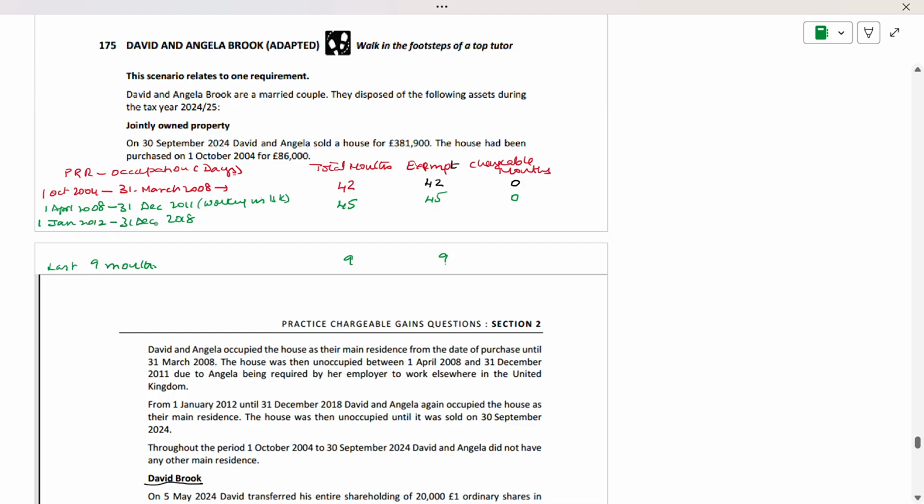January full year, 2012, 13, 14, 15, 16, 17, 18: 7 years. So we take the year based on occupation, not the tax year. Right, 7 years, and 12 sevens are 84.